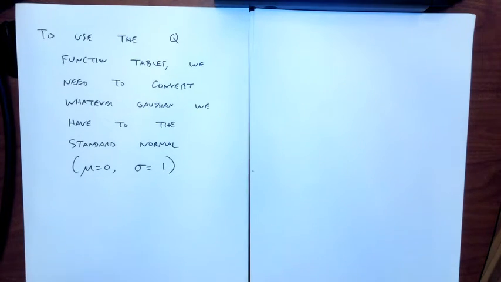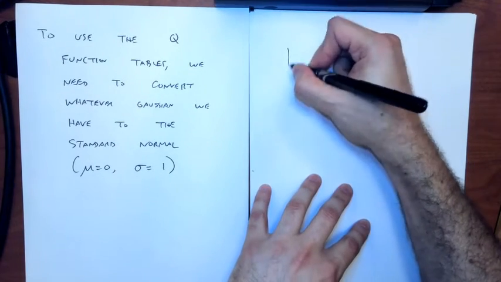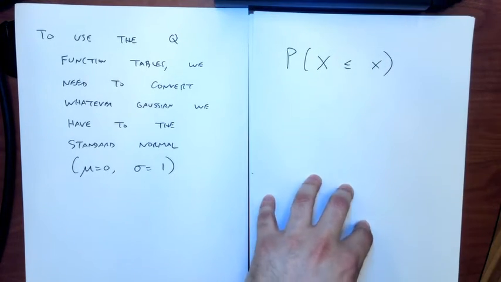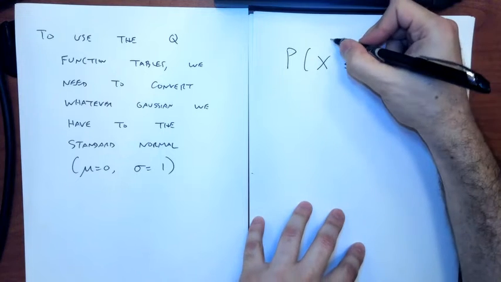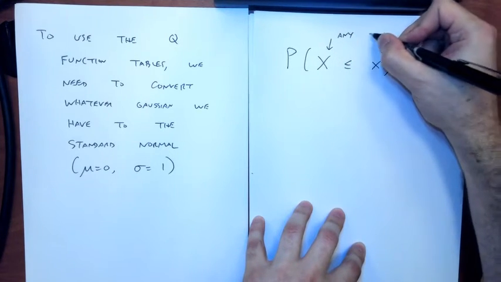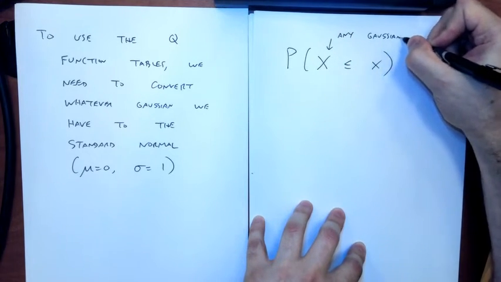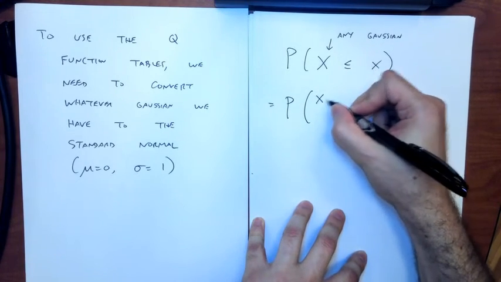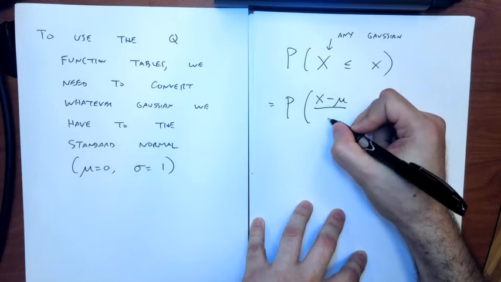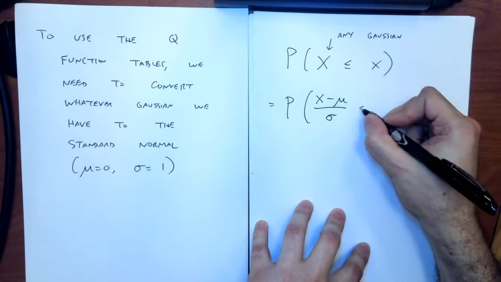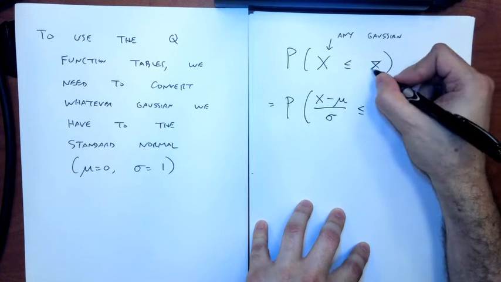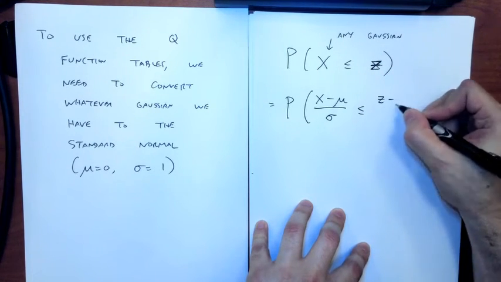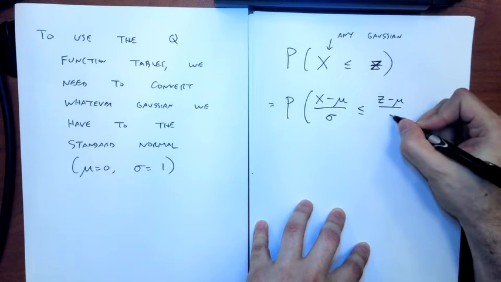And so let's suppose that I'm asking a question like, probability that, so this is like the CDF of some Gaussian, could be any Gaussian. What I can do is subtract mu and divide by sigma, and I'm going to make a z on this side, just to make this a little bit less confusing with all the x's.